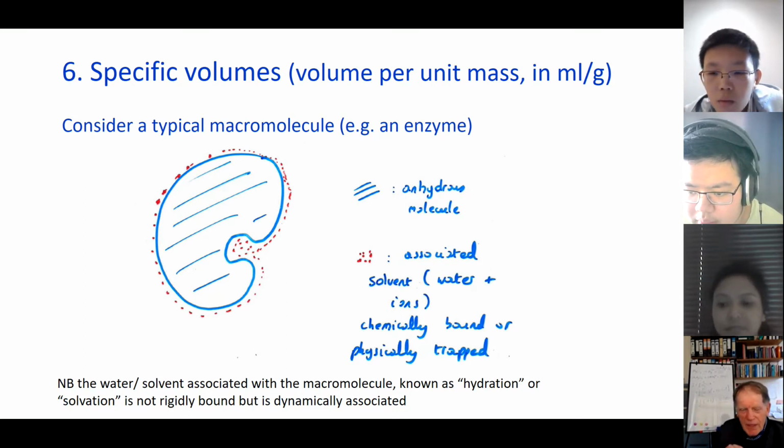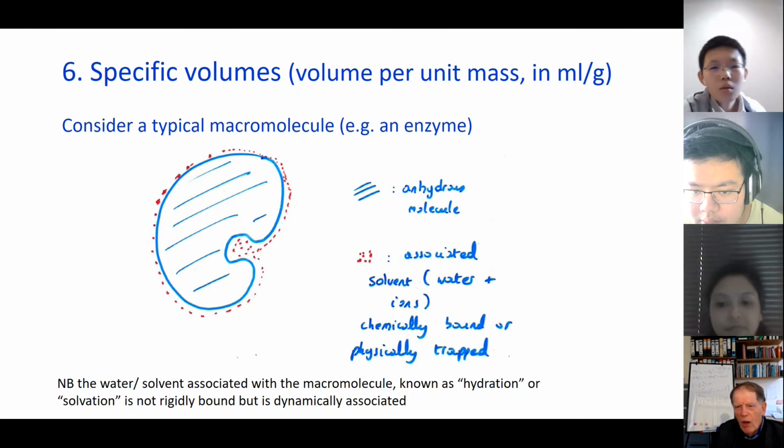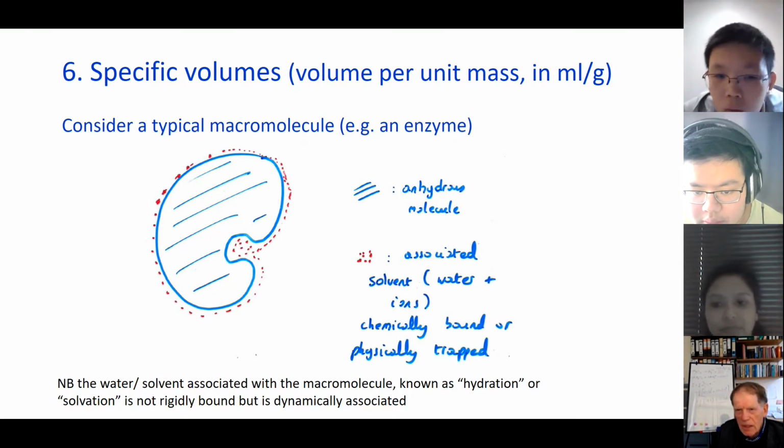We see specific heats. It means heat capacity per unit mass. In the same way, specific volumes refer to volume per unit mass, and the unit we usually use is mils per gram.